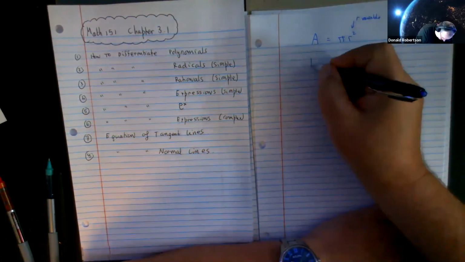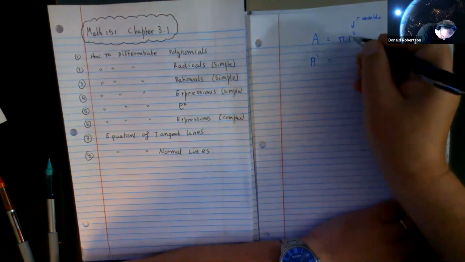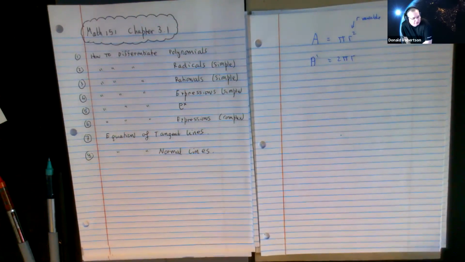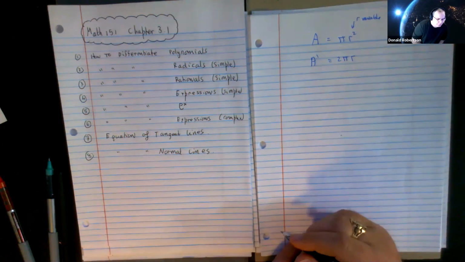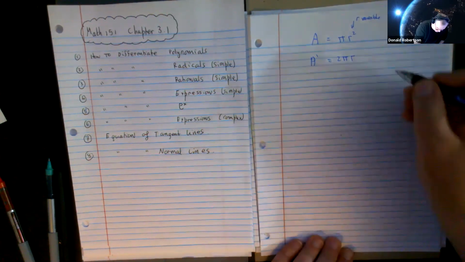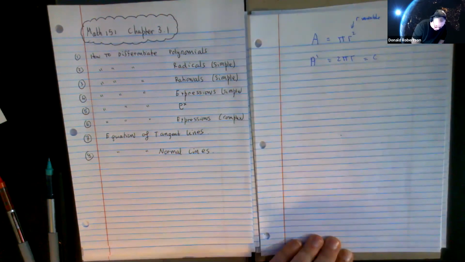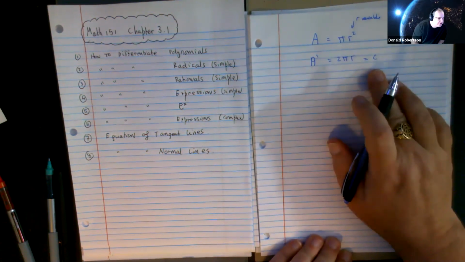Now, if I differentiate this guy, you multiply by the power and you reduce the power by 1. Do you recognize the formula 2 pi r? Isn't it the circumference of a circle formula? And you try and think, why would the derivative of the area function be the circumference?